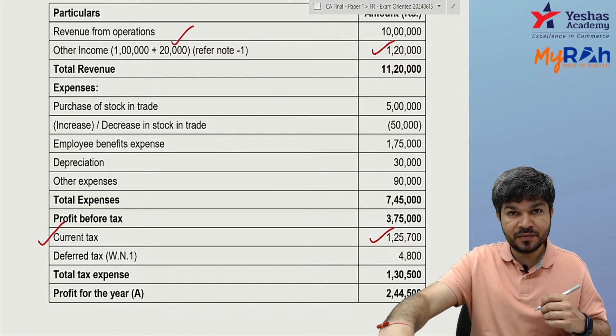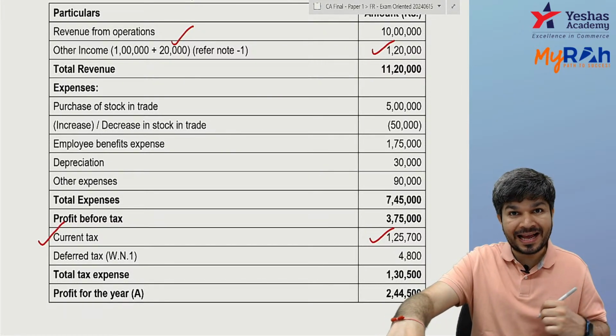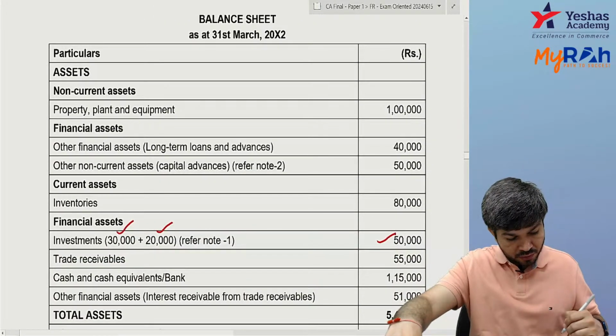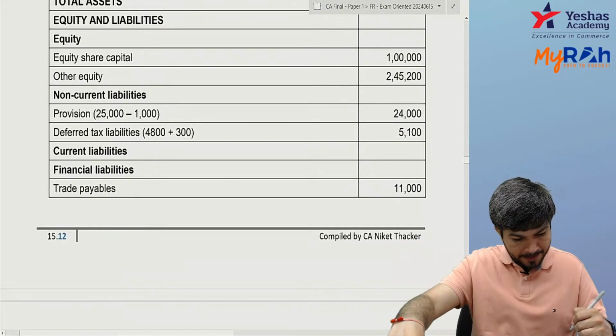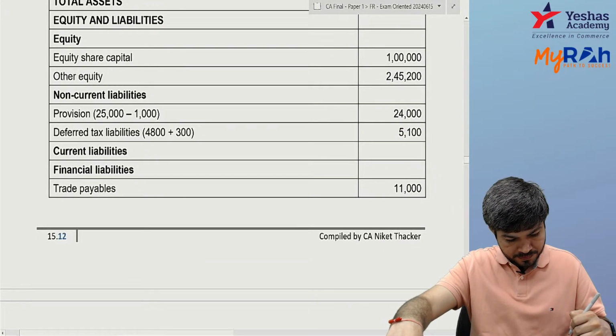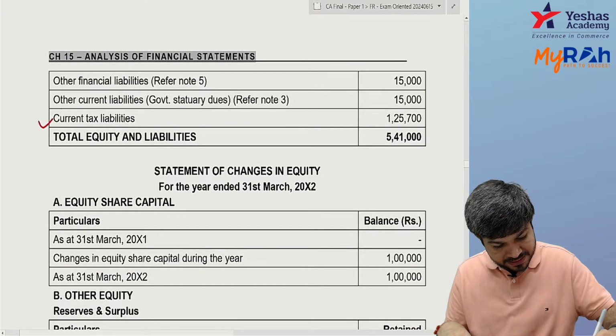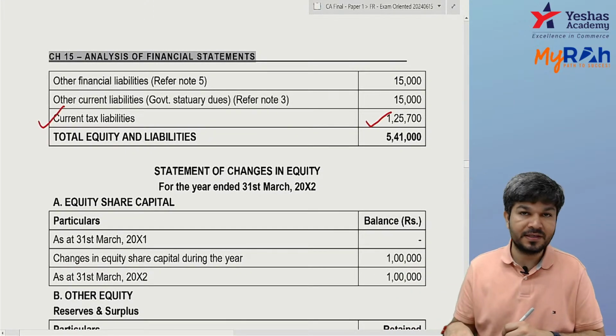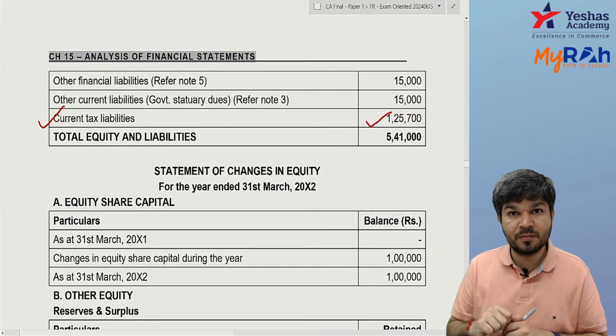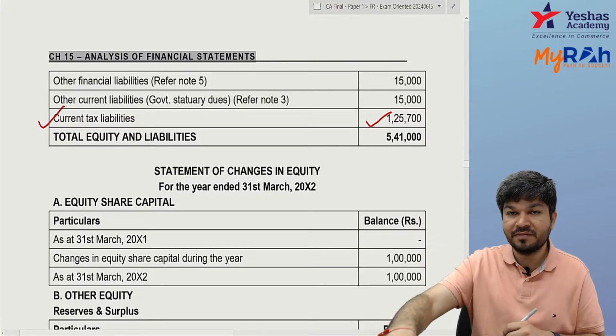Opposite, in your short-term provisions, check your current tax liability: it would have been given earlier as 106,500. Make it 125,700.